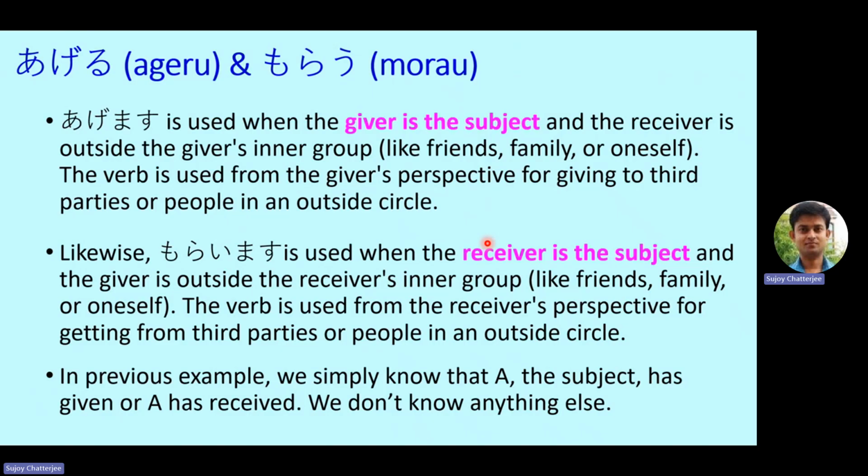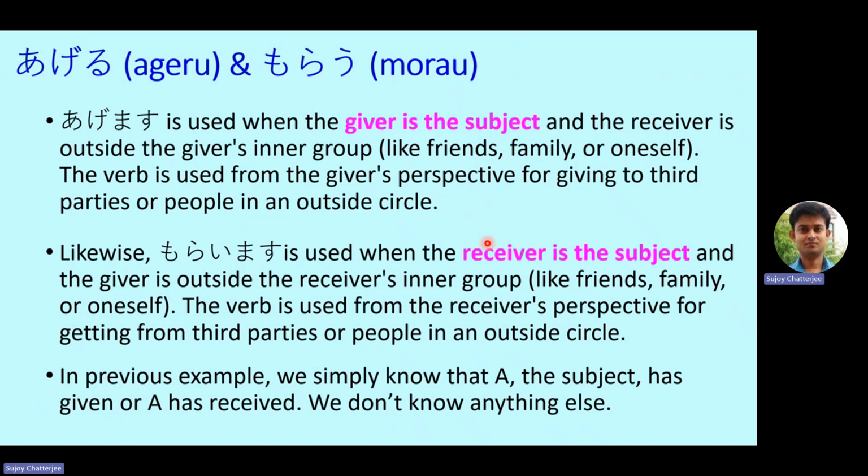So in the previous example, agemasu or moraimasu, we simply know that A, the subject, has either given, if it is agemashita, or has received, that is moraimashita. There is no other information given in those two examples. We just know that A is the subject which has given, and A is the subject which has received.